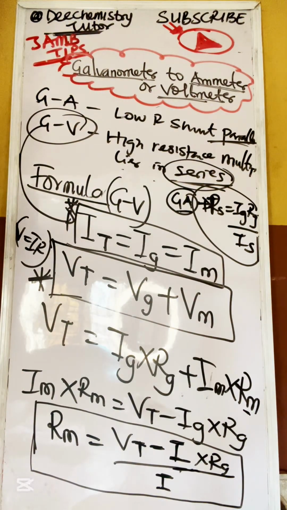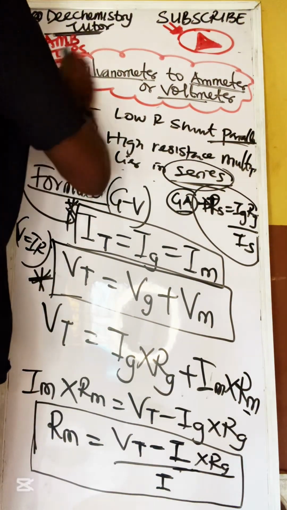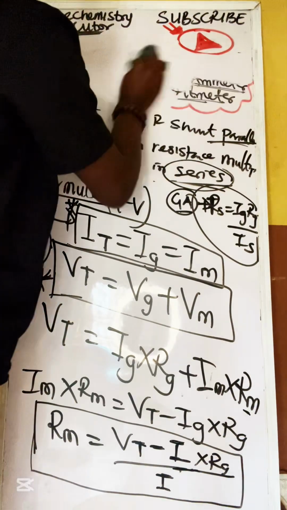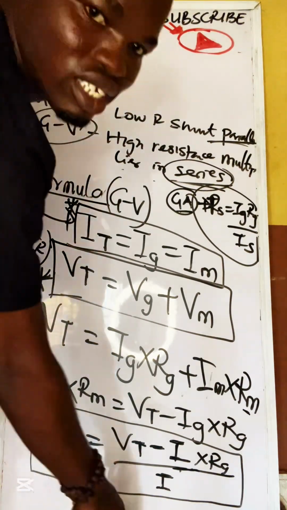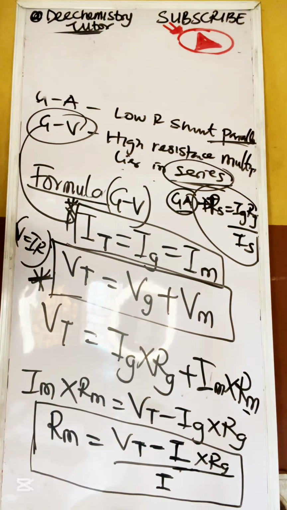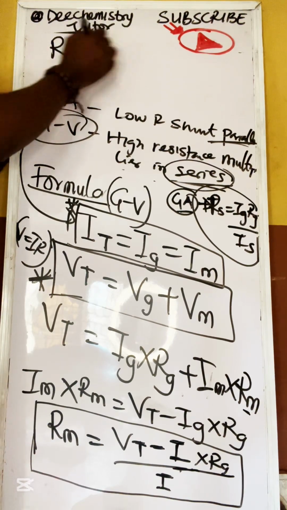So let me give you a question. This is a question in JAMB. You are writing JAMB, you are a JAMB candidate, so move closer. They will ask you to calculate the resistor of the multiplier.